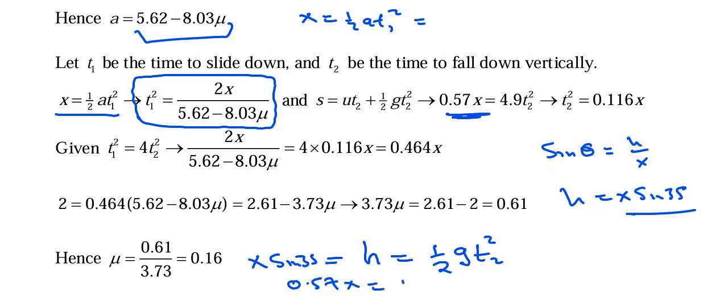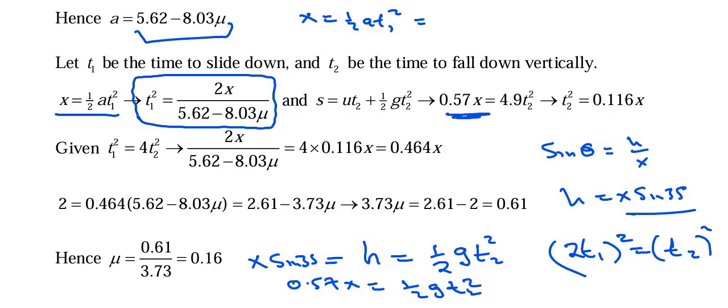Then we have this part here, which is g t2 squared. Now we know t1 is twice t2. So if I square this side and I also square this side, we have to make them equal.